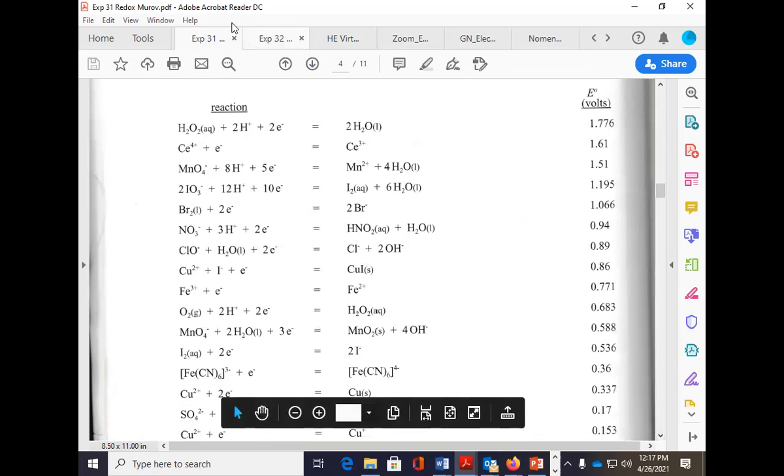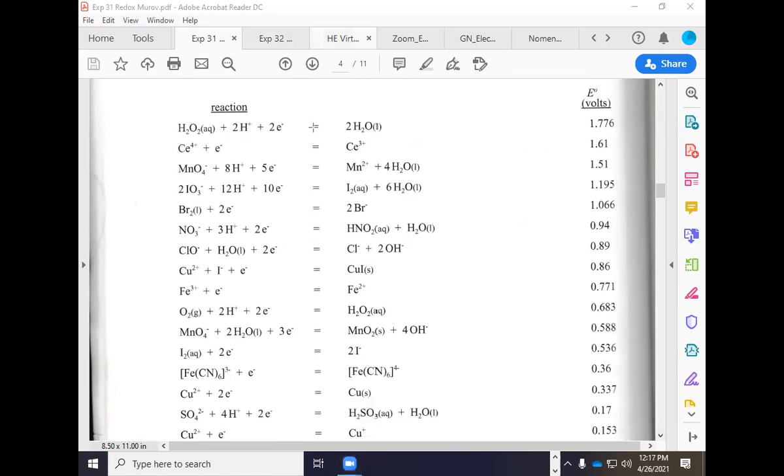So again, your book is trying to save money, and so they don't put the arrows. So these are all arrows the whole way down. And this is telling you, for example, that if you did this reaction going this way, this would be the volts you would get.